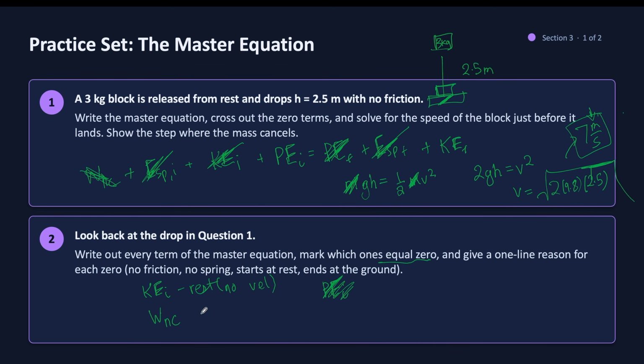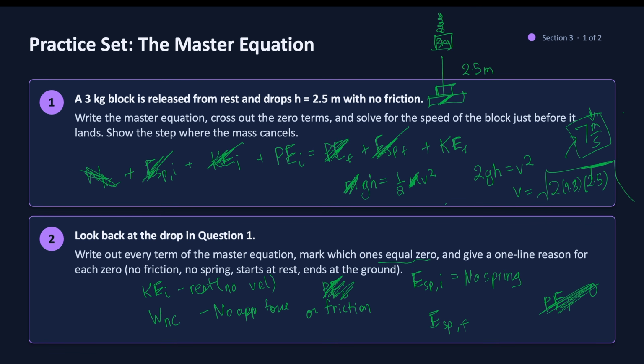Work non-conservative, no applied force or friction. So there's no work non-conservative. And spring energy initial, there's no energy spring because there's no spring. We're not hanging off a spring or anything here. So no spring in sight. And same reason for energy spring final. We don't have a spring. Potential energy final is 0, because when it hits the ground, it has a height of 0, which makes it cancel out to 0.